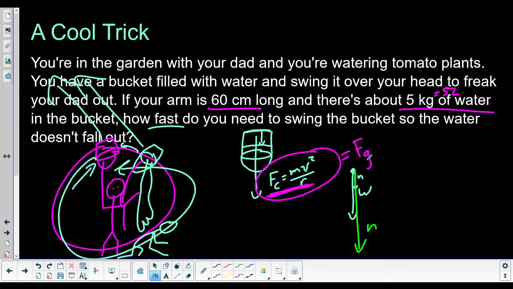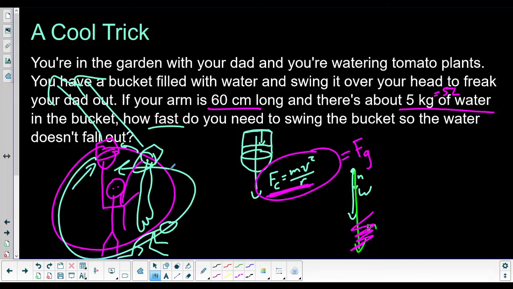So we want our centripetal force to be equal to the force of gravity. If it's equal, then it is the perfect speed so that the normal force is 0 and gravity is just helping it keep going. This is maybe a bit confusing, but trust me on this one. The perfect one is when the only force acting on the water is the force of gravity, and that's it.